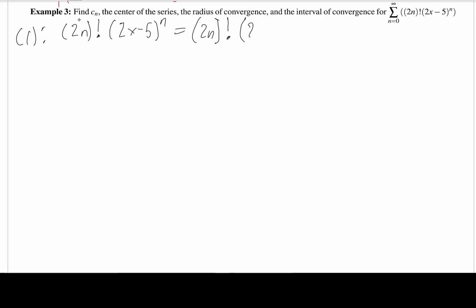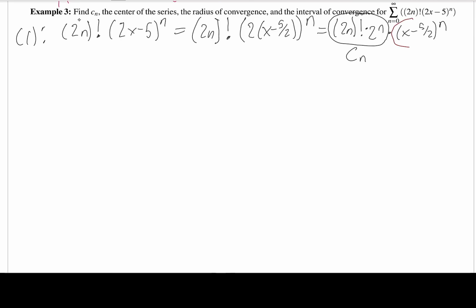I'll factor out a 2. So this is 2 times x minus 5 halves, all to the n. Well, then this is 2n factorial times 2 to the n times x minus 5 halves to the n. So then this part right here will be our c sub n.